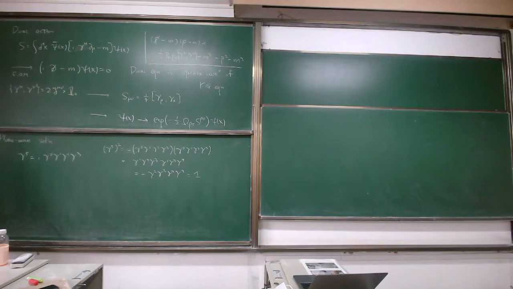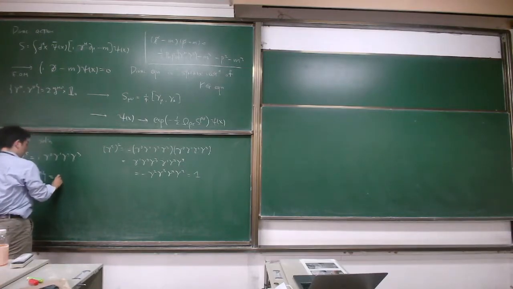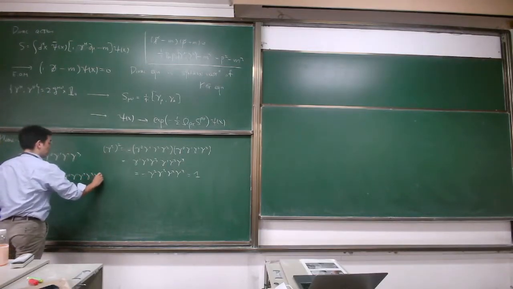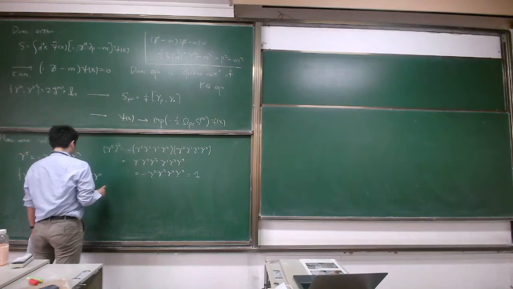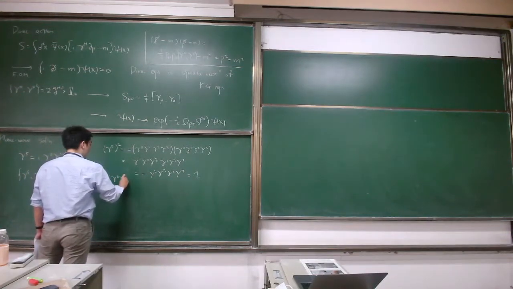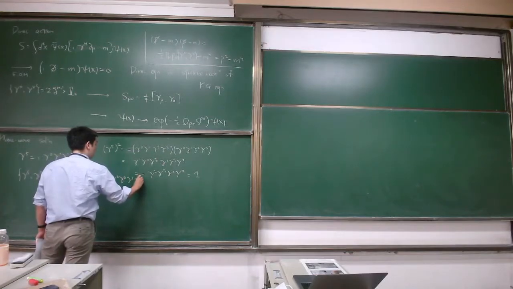And similarly, we can take the anticommutation relation of gamma 5 and gamma mu, and let's do one example. For instance, gamma 0. Let's do i gamma 0 gamma 1 gamma 2 gamma 3 gamma 0 plus i gamma 0 gamma 0 gamma 1 gamma 2 gamma 3.